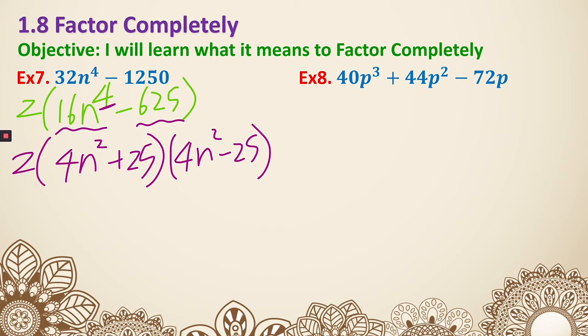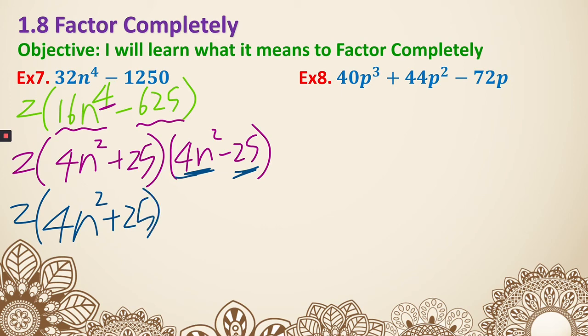We cannot do anything to it, but the second parenthesis, I have perfect squares right there, and that is the difference of perfect squares. So I can use the formula again. So the first one is that, and the second one is going to be 2n plus 5 times 2n minus 5. I'm done with that example.